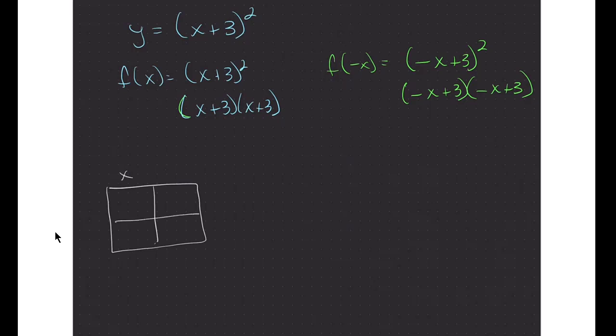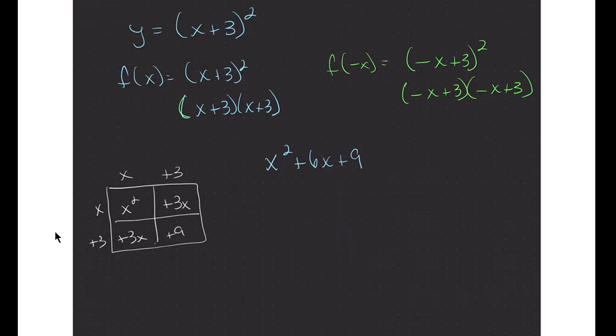So this would give you x squared plus 3x plus 3x plus 9. So my original is going to be x squared plus 6x plus 9.